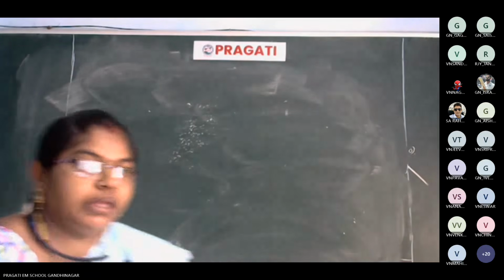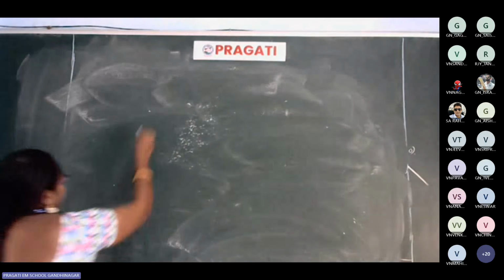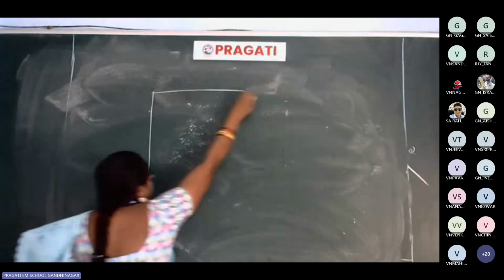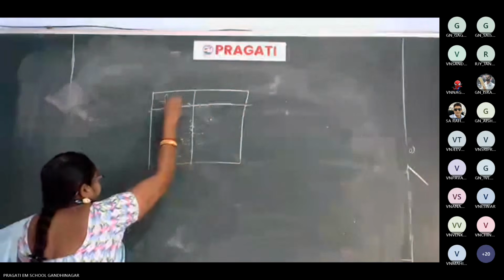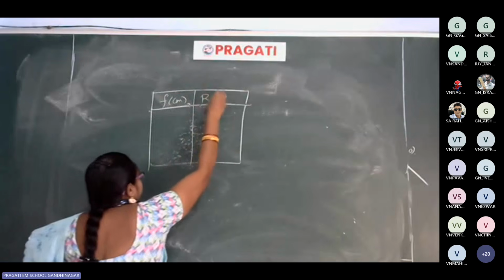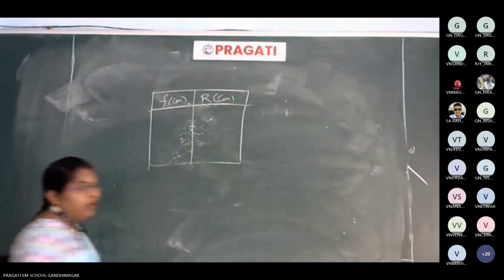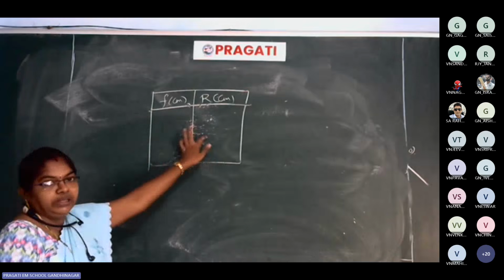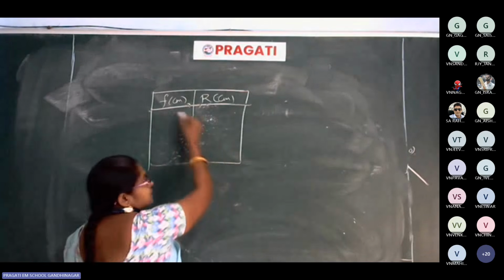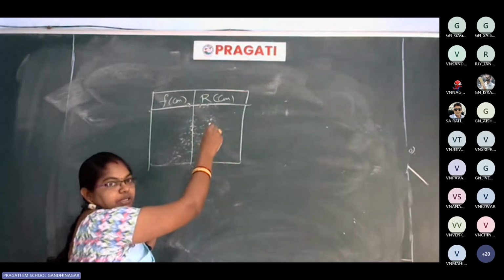Next. Another type of table question is very easy. See here. This is focal length and radius of curvature. There is a relation between focal length and radius of curvature.